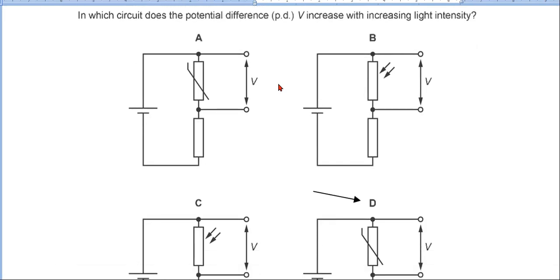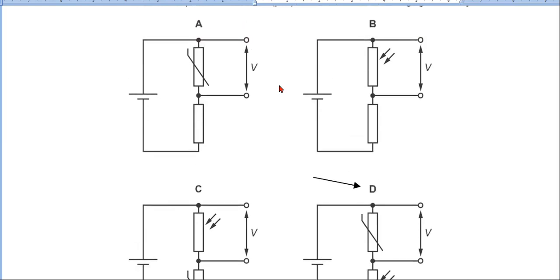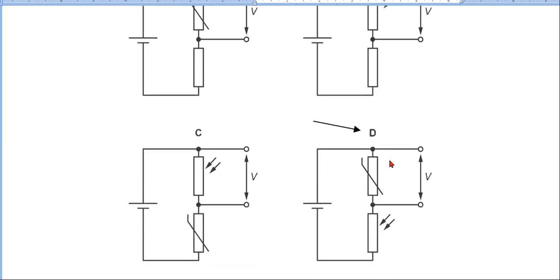So we need a light-dependent resistor, and the voltage increases because the light-dependent resistance drops and more voltage falls on the thermistor, so it increases. D.